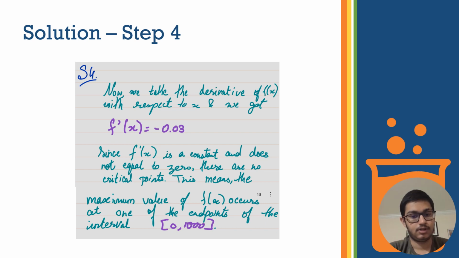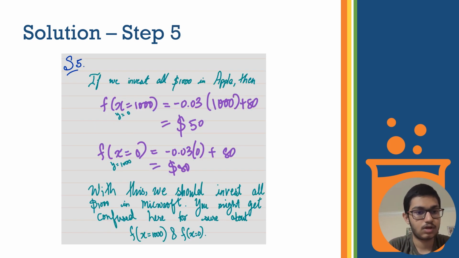Alright, so now we go on to the next step, where we determine how that works and what it will be. Step 5. If we invest all of $1000 in Apple, then f of x equals 1000 equals negative 0.03 times 1000 plus 80.